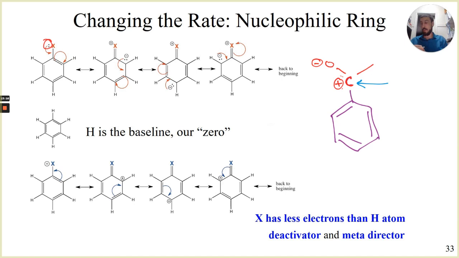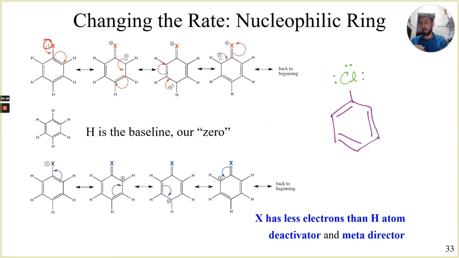Okay? Last example, and it's a doozy. Chlorine, or really any halogen. And yes, I'm being a bit of a jerk here by throwing on those lone pairs. Okay? Chlorine does have 3 lone pairs, so it shouldn't be that big of a deal.